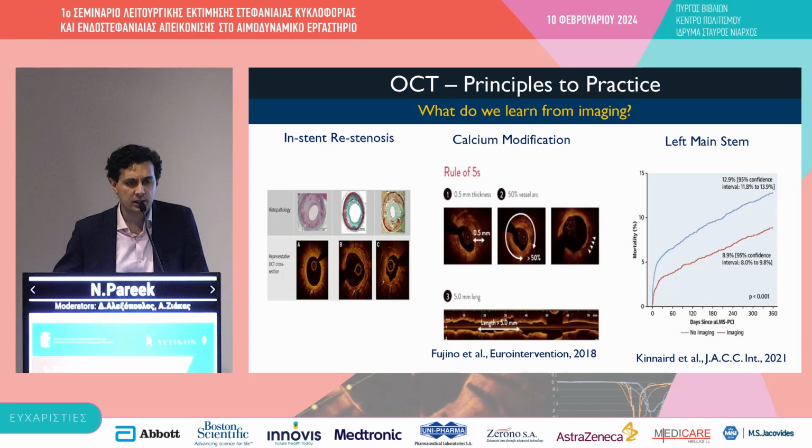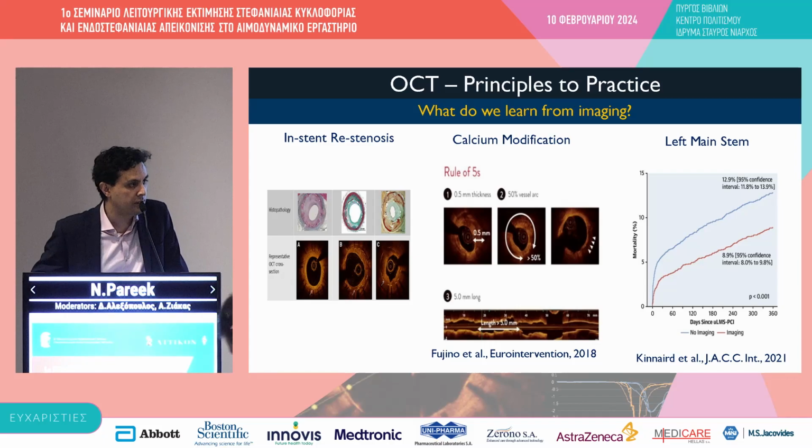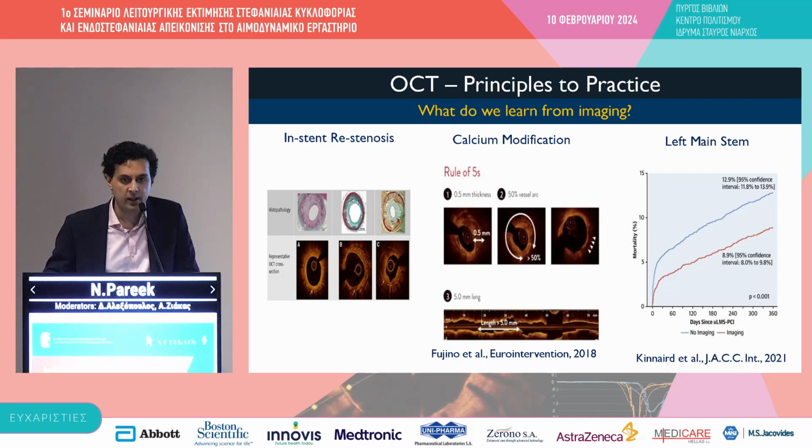So I think there is certainly a role for more specific and specialized situations. Intracoronary imaging is useful for stent failure and in-stent restenosis. We can understand the mechanism and mode of failure and then apply therapies accordingly.